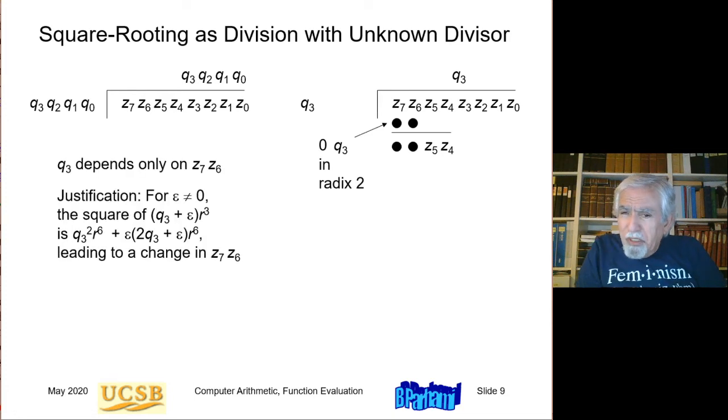As I mentioned when discussing the previous slide, Q3 depends only on Z7, Z6, the digits or bits in the last group, most significant group. And here's a simple justification. I won't go through it. You can read. It's not that hard to understand.